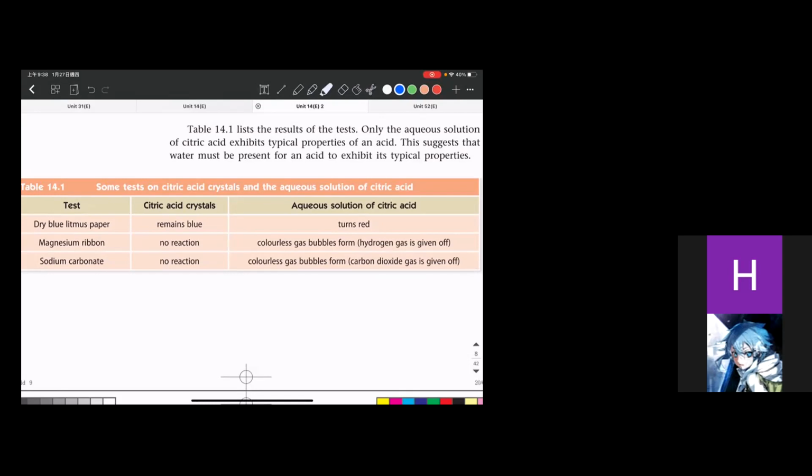Conclusion is: the acid needs water to be acid. Oh yes, that's right. So the water must be present for an acid to exhibit its typical property.